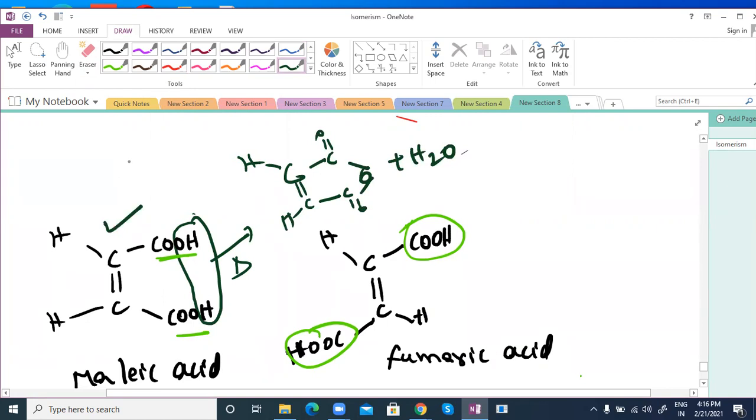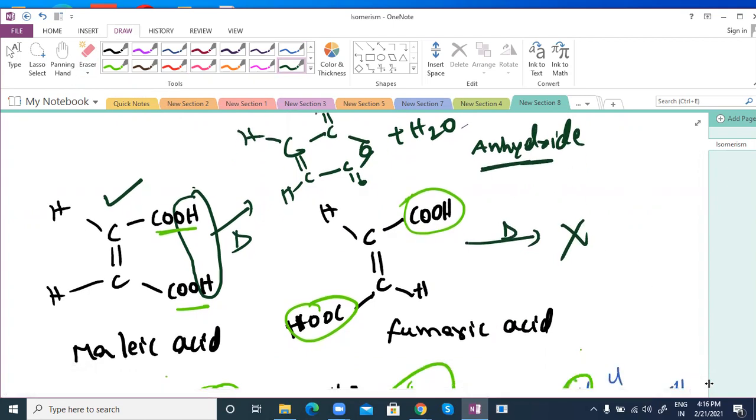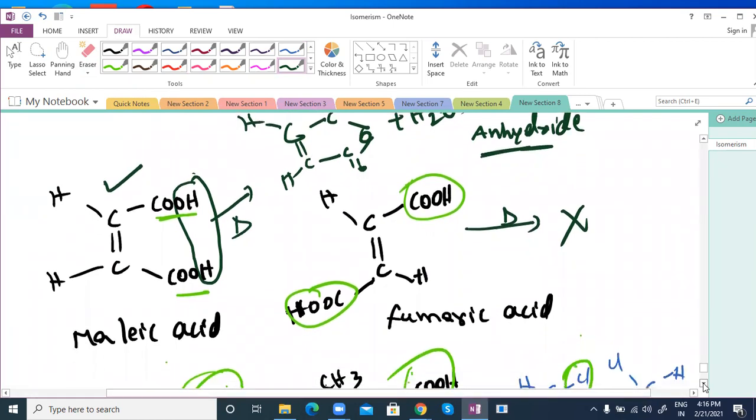By heating these two carboxylic acids, the one which can form an anhydride, we call the cis compound. The trans compound, when heated, doesn't form an anhydride. Understood?